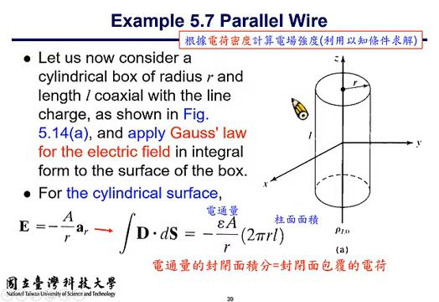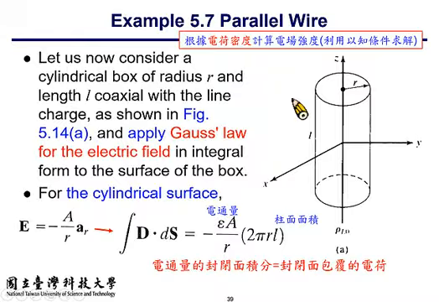So in general, if we would like to apply Gauss's law for electrical field, the closed surface integral should include three surfaces: the cylindrical side, the top circle, and the bottom circle.